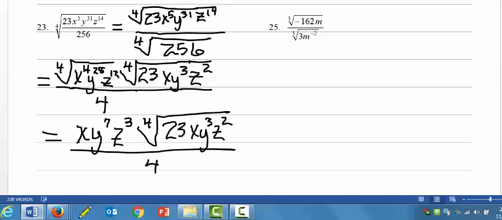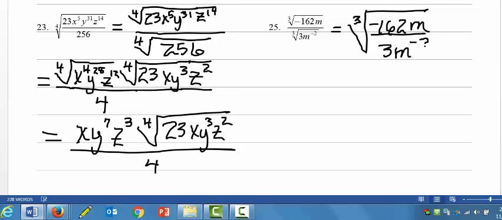For number 25, it certainly works best for me to do the division first. So the cube root is applied to negative 162m divided by 3 to the m minus 2. So this is the cube root. 3 into negative 162 is negative 54.